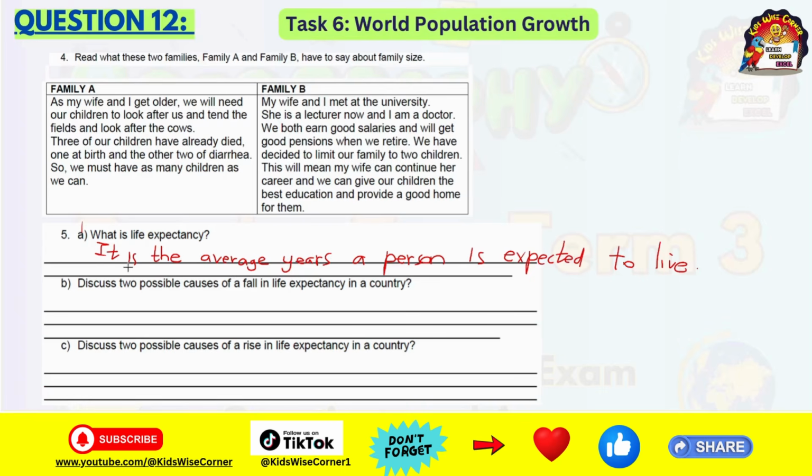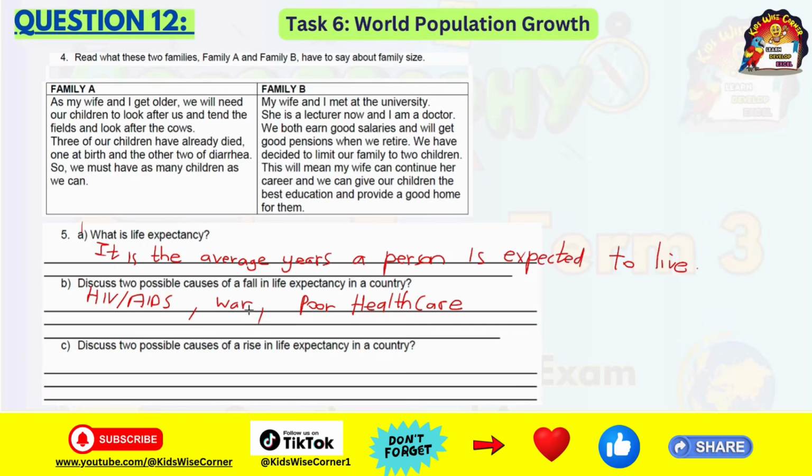Discuss 2 possible causes of a fall in life expectancy in a country. It will be HIV and AIDS, it could be due to war, or poor health care. Discuss 2 possible causes of a rise in life expectancy in a country.